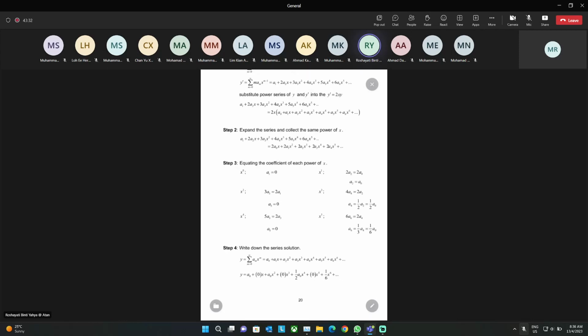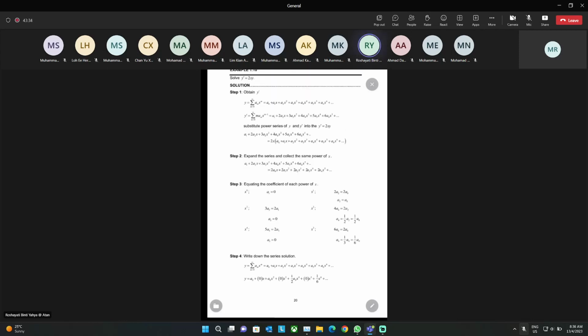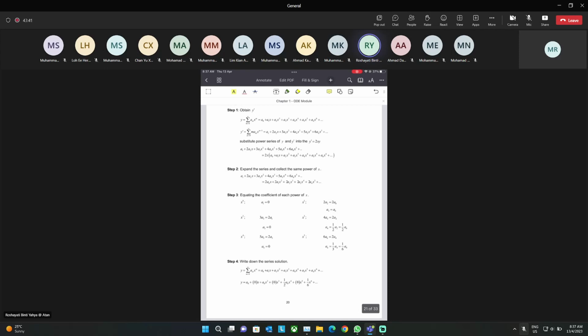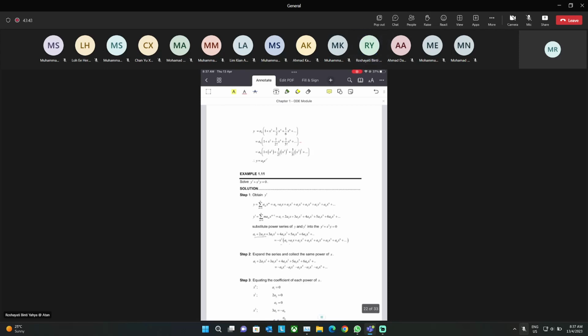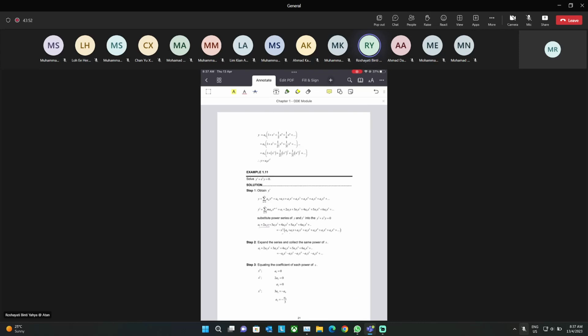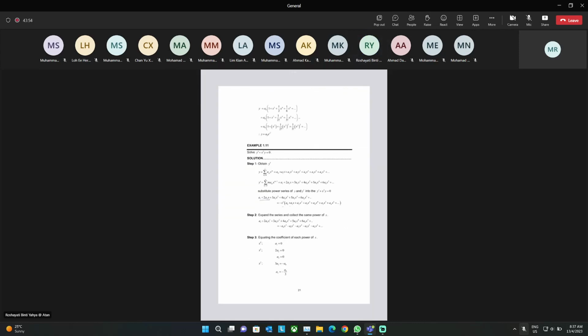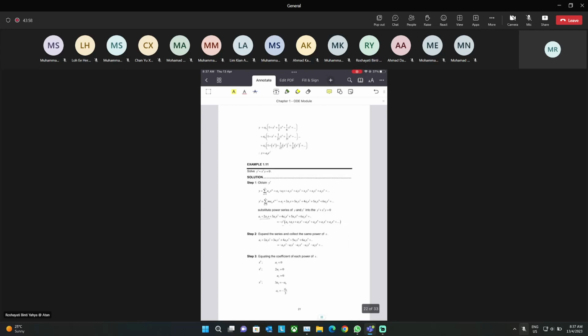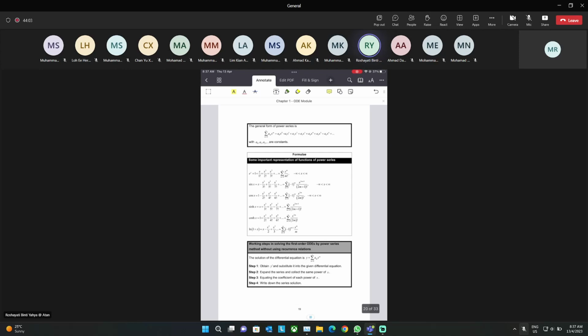Because if you stop as early as the power of 2 or 3, what happens here?